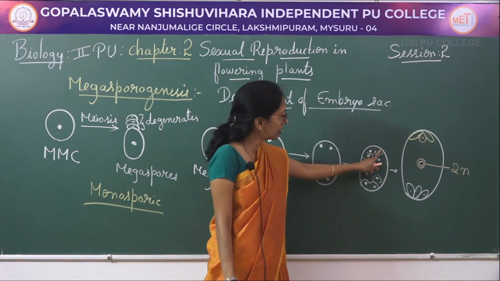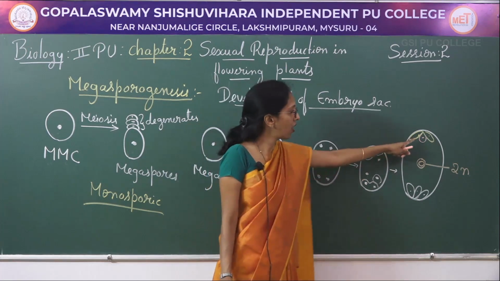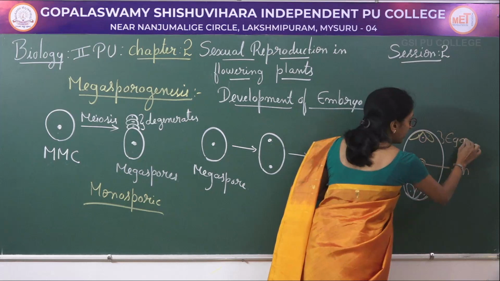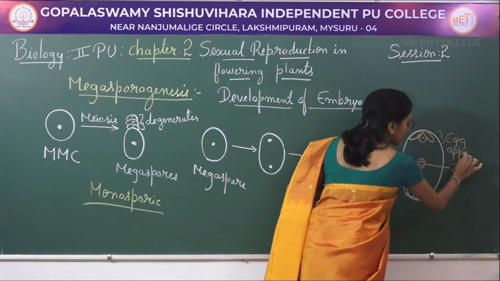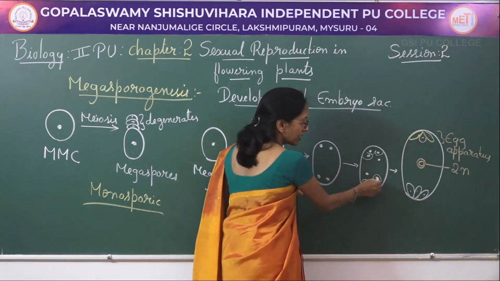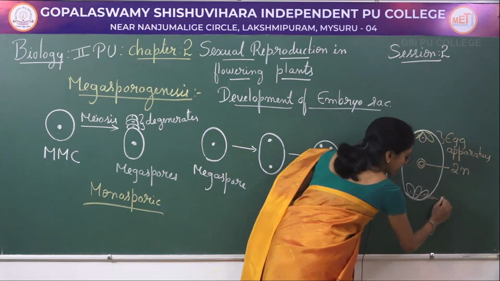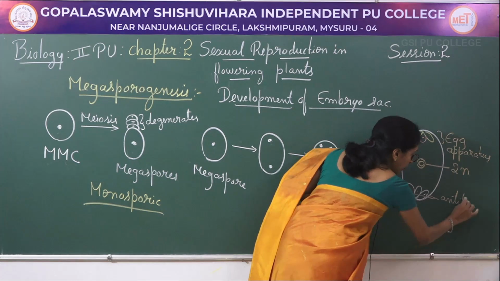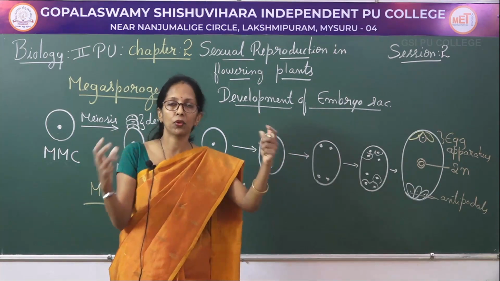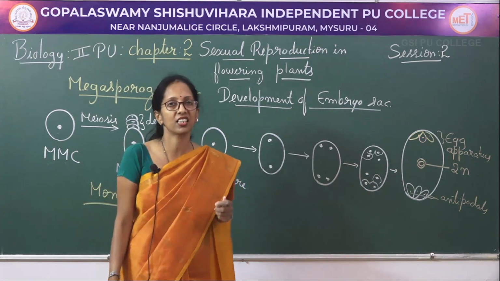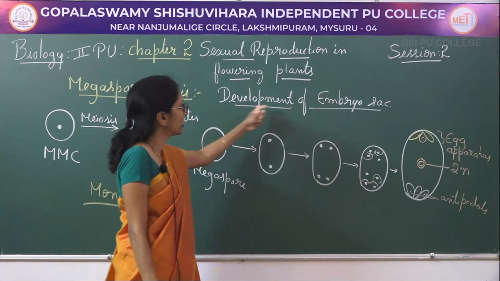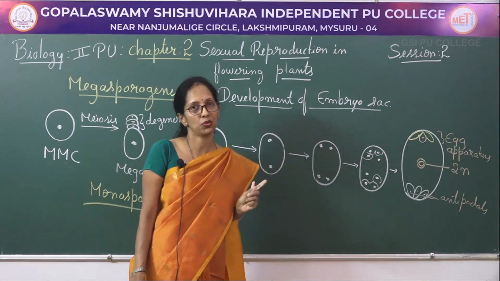The upper 3 nuclei organize into what is said to be the egg apparatus, and the basal 3 nuclei organize into antipodals, and the 2 polar nuclei come in the center and fuse to form the secondary nucleus. This is about the development of the embryo sac.